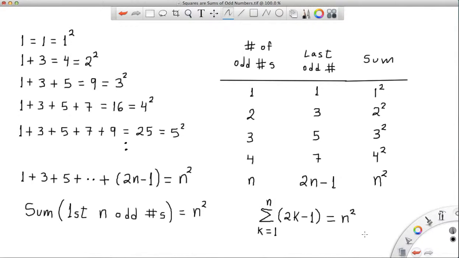So any of these three notations, like this one or this one or this one, are just expressing the same property of square numbers being the result of a sum of the first few odd numbers. And so that's it. Thank you very much for watching, and have a good day.